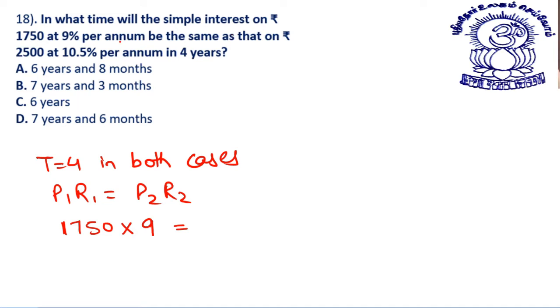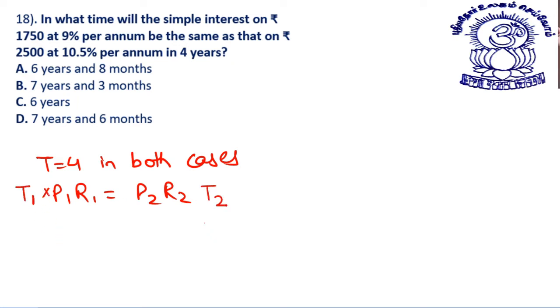In what time will the simple interest on this be the same as that on rupees 2500? I'm sorry, I didn't see. Here we have to find the time. The same as that on rupees 2500 at 10.5% per annum in 4 years. This is given as T2. This T1 we have to find out.